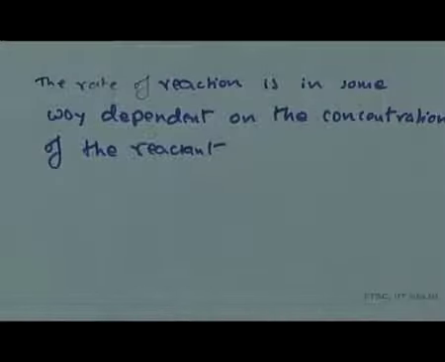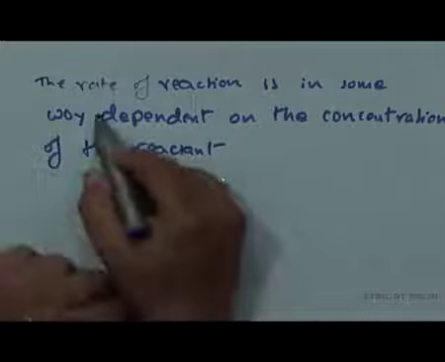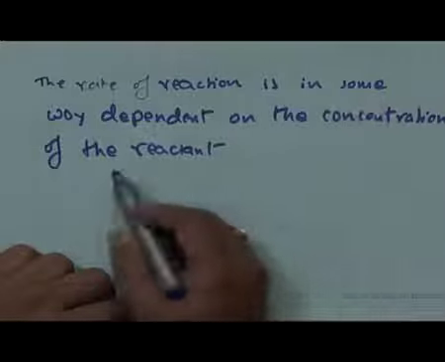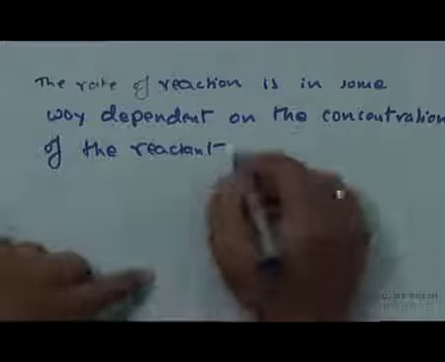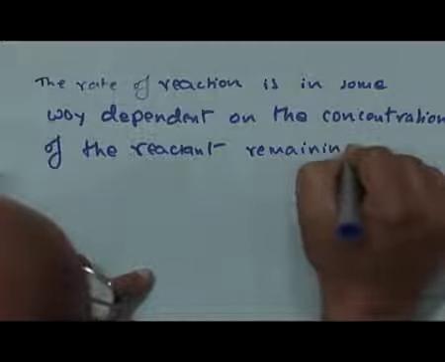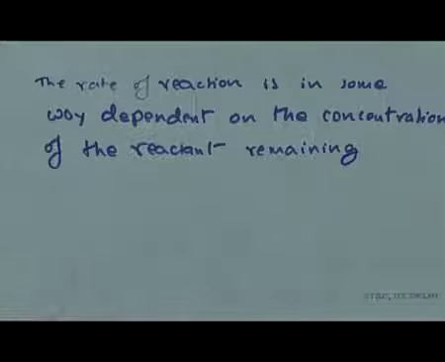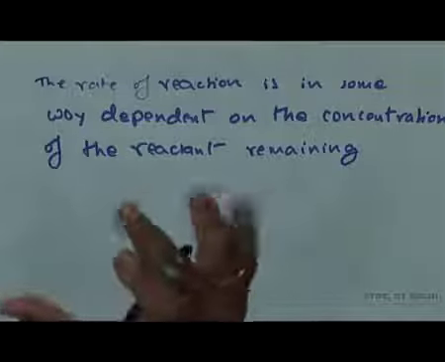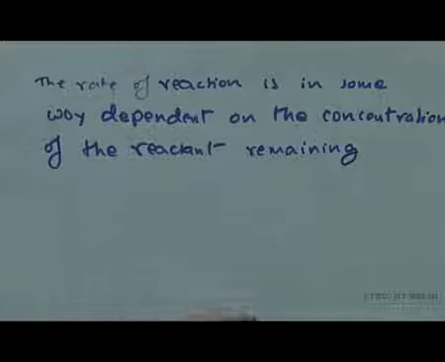Hence, what we can write is, the rate of reaction is in some way dependent upon the concentration of the reactant, then I add this word remaining. Remaining means whatever reactant is remaining after some of the reactant has gotten converted into product.